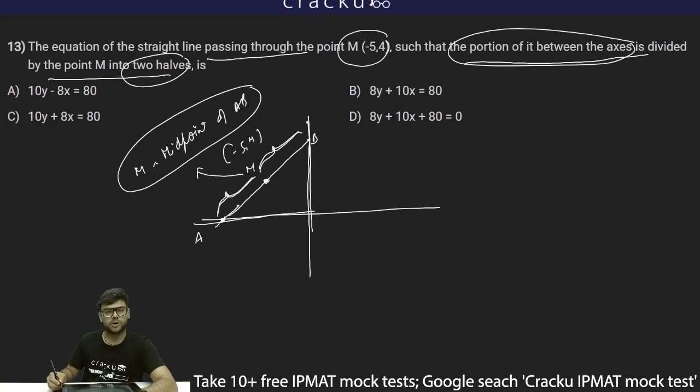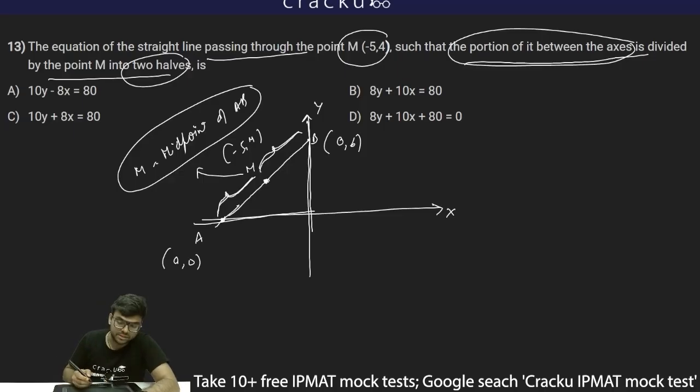Now if M is the midpoint of AB, what will be the coordinates of A? The coordinate of A will be (a, 0) because it is on the x-axis, and for B, since it is on the y-axis, the coordinate will be (0, b).